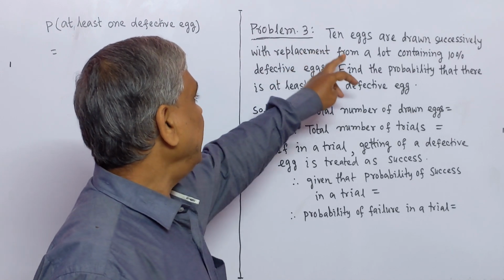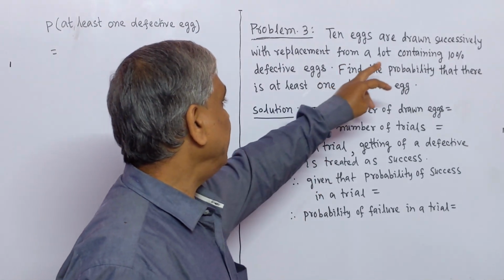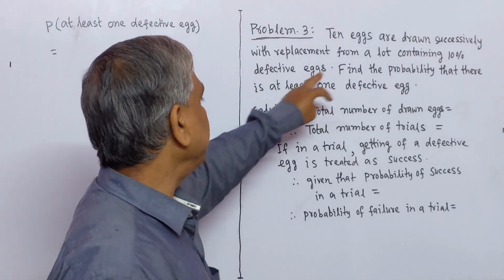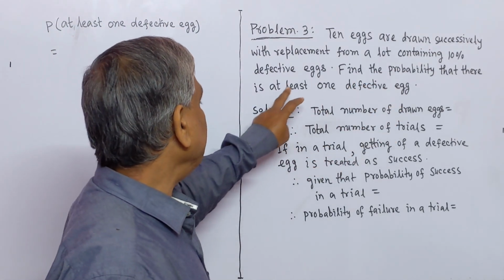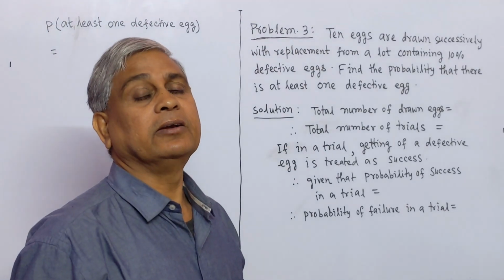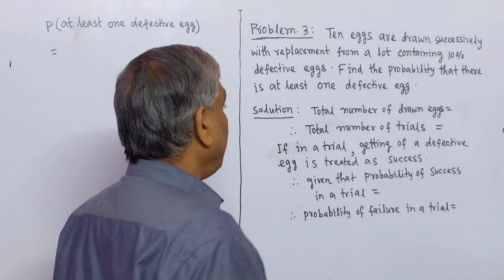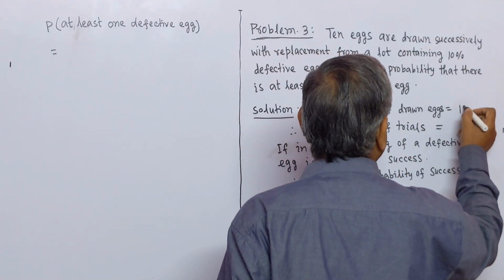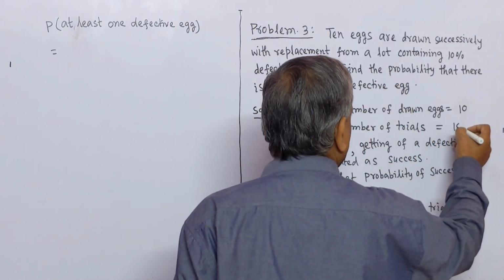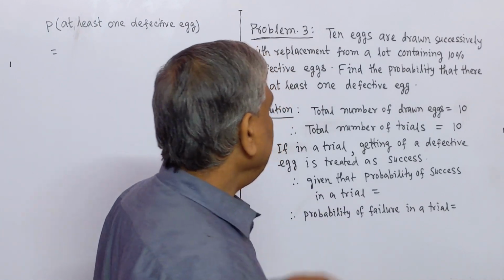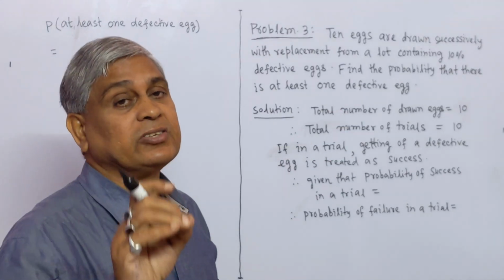Problem is 10 eggs are drawn successively with replacement from a lot containing 10% defective eggs. Find the probability that there is at least one defective egg. Now we solve this. Since total number of drawn eggs equal to 10, therefore total number of trials will be 10. In a trial, getting a defective egg is treated as success.